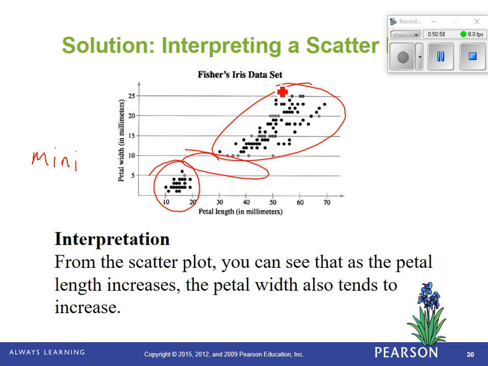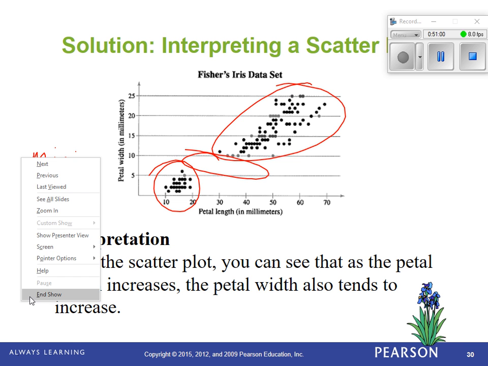If you got an iris at your house, you're some big person who grows flowers really well and you love it, and you go to measure the petals, what would be a normal length and width of the petal?